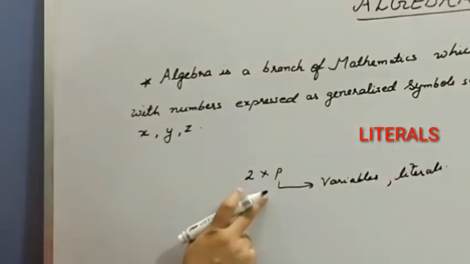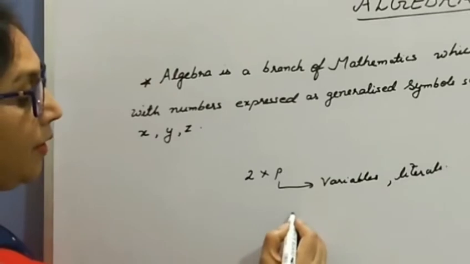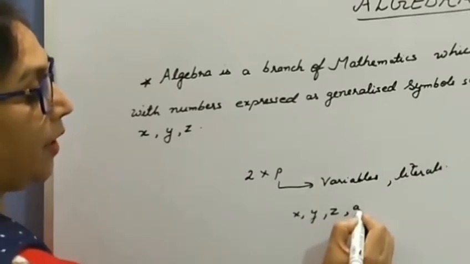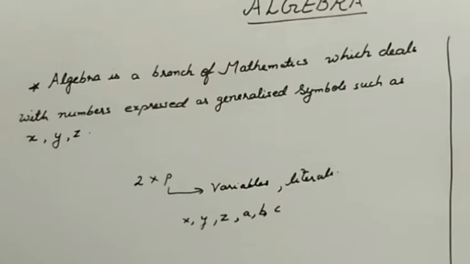So these variables or literals or literal numbers can be small letters like x, y, z, a, b, c, or any small letters. For example, if I say a person has certain amount like rupees x, as this value is unknown, so we consider it as a variable.